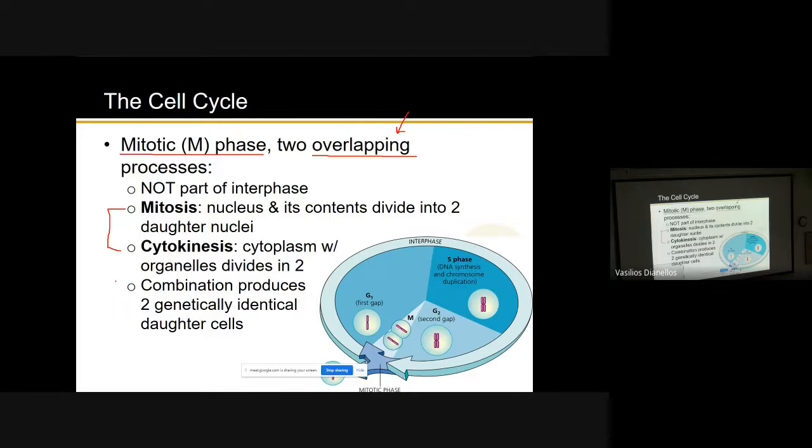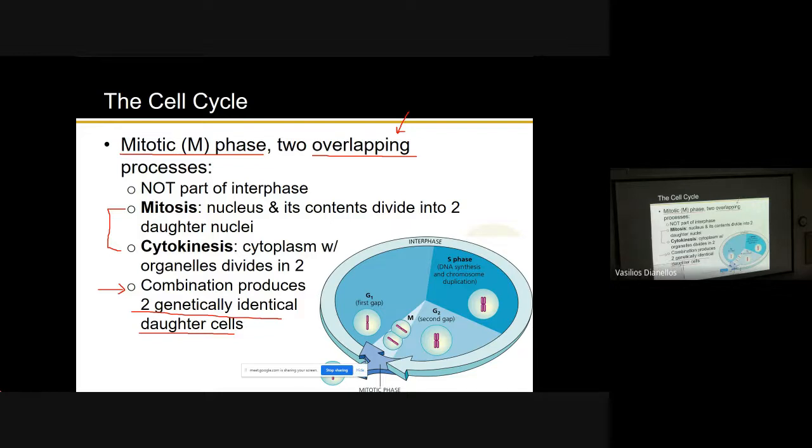Anyway, the combination of mitosis and cytokinesis gives us two genetically identical daughter cells. You're going to see that a lot, so I'll underline it again. The result of mitosis and cytokinesis is two genetically identical daughter cells.